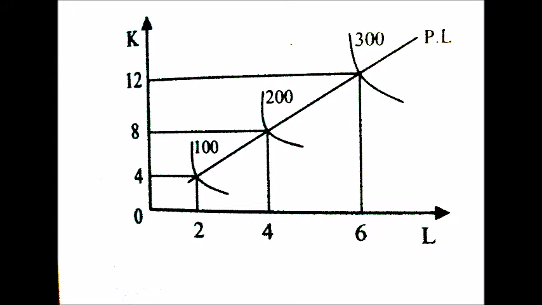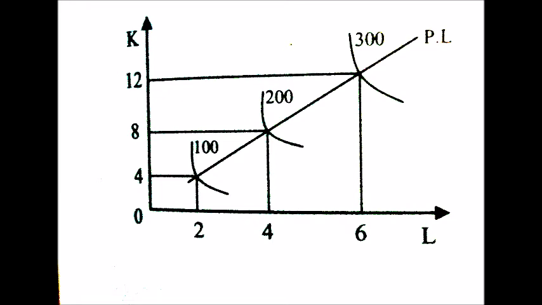The firm is operating in the long run because capital and labor are variable. K, that's capital, varies from 4 to 8 to 12. And L, that's labor, varies from 2 to 4 to 6.